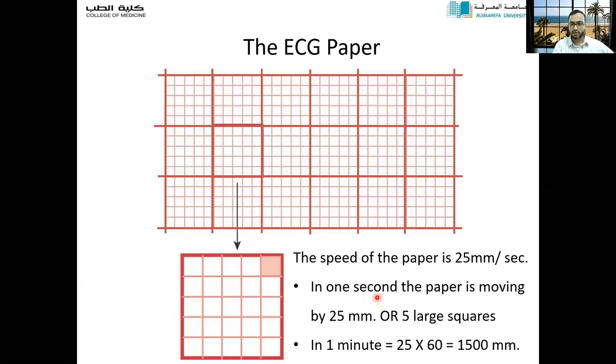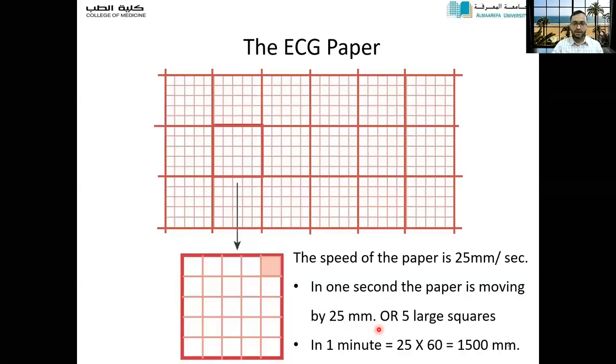It means 1 second on ECG paper equals 25 small squares, that is 25 millimeters, or 5 large squares. But for any measurement like heart rate, we usually measure for 1 minute, not for 1 second. So we can simply convert the value.